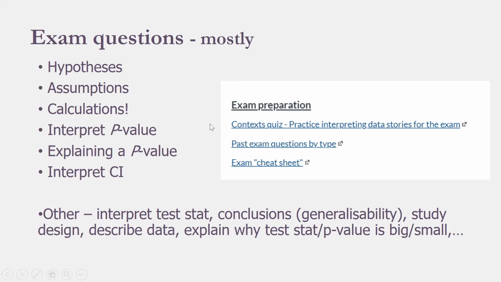A context quiz to help you get your head around interpreting data stories for the exam. A summary of past exam questions by these 6 types, so you know where to focus your attention if you're going wrong somewhere. And what I've called an exam cheat sheet, which is just like a one-page summary for each of these 6 things, just going over the basics.